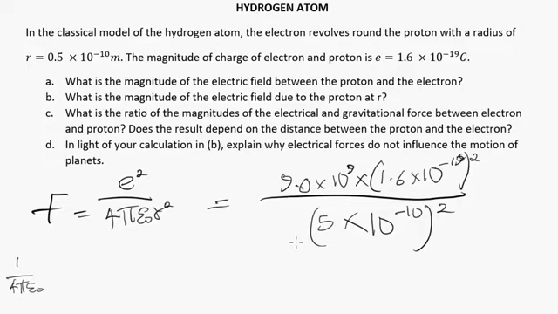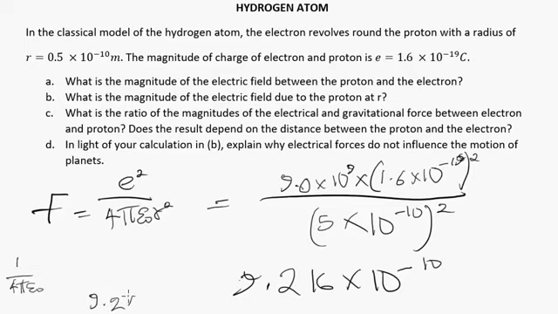When we check this with our calculator, we should get a value of 9.216 times 10 to the power of minus 10, or simply, we can write it as 9.2 times 10 to the power of minus 10.